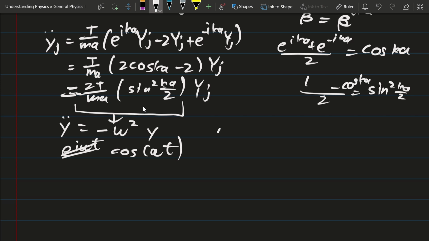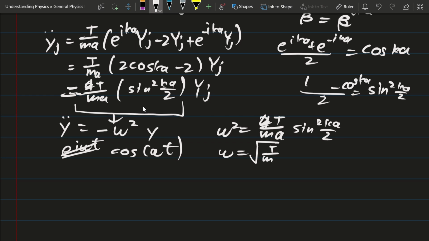So we would later obtain that omega squared is 4t over ma sine squared ka over 2. And taking the square root of each, you would be able to obtain omega to be the square root of t over ma sine ka over 2.